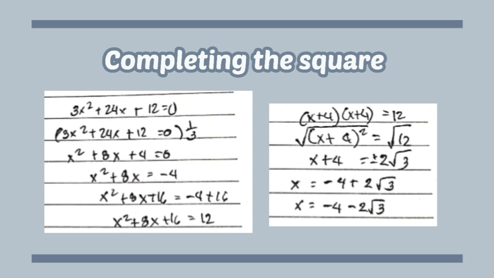Then we can simplify the equation by applying factorization. So we can get the square root of x plus 4 squared equals the square root of 12. The final answer would be negative 4 plus or minus 2 square root of 3. Again, you can check your solution by applying x to the original equation and checking if the equation is true.